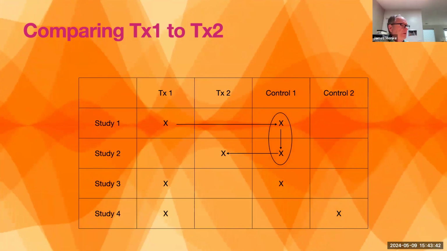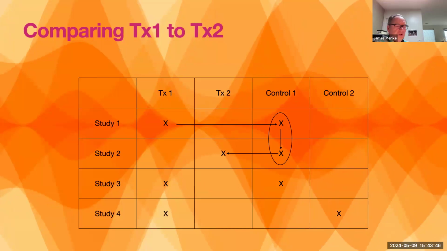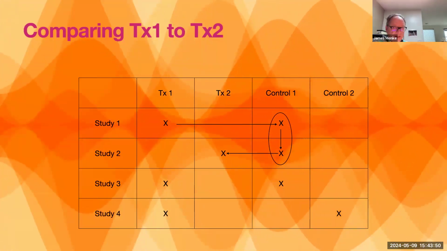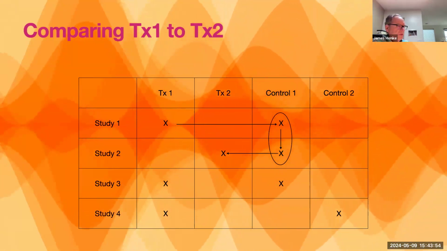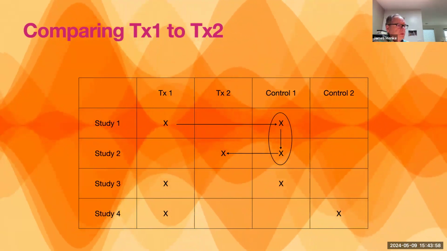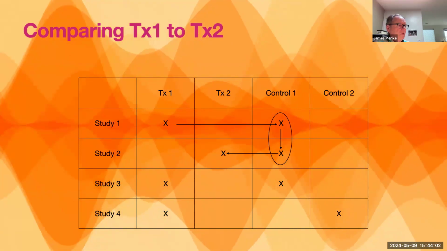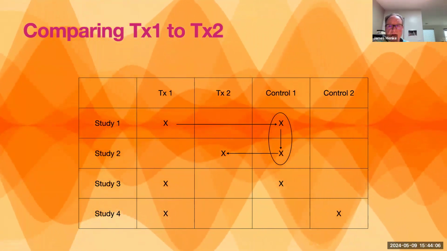So if I wanted to compare treatment one and treatment two, I could use an indirect method. If I pool the control groups, they are the same control groups, and this is important because there's all kinds of control groups. Then if you pool those, you can get a sense of how treatment one compares to treatment two by this indirect method.